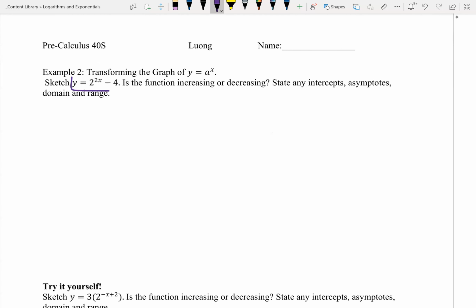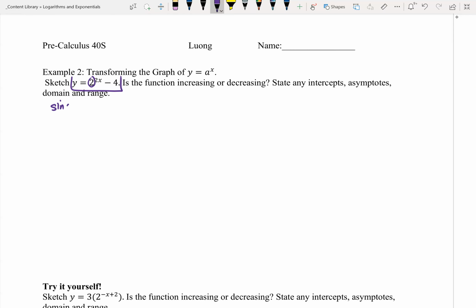This is a graph that we're going to draw: 2 to the power of 2x minus 4. And we want to know if this function is increasing or decreasing. Right away, we should know this function is increasing because we have a positive a value that's larger than 1.